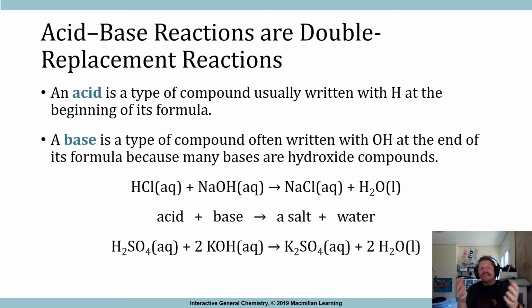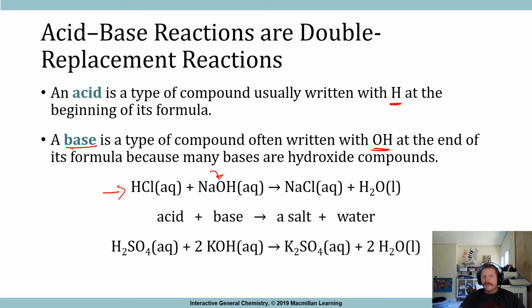An acid-base reaction, this is also known as a neutralization reaction. This is an example of a double replacement reaction. An acid is a type of compound usually written with H at the beginning of its formula. So this guy right here, hydrochloric acid, is going to mix up with a base. And a base is a compound that's generally written with OH at the end. NaOH is sodium hydroxide.